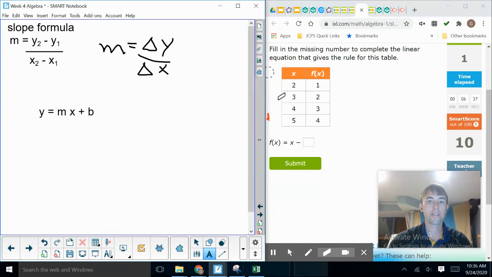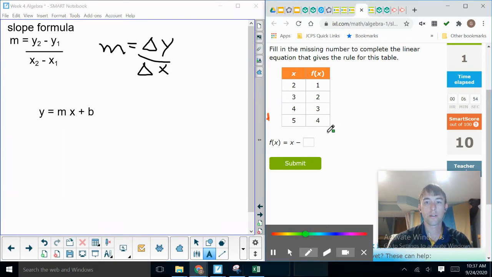Our y-intercept is where x equals 0. But do we have x equals 0 here? No, we don't. So we're going to copy what we know for our equation, and we're going to choose values here for x and f of x.